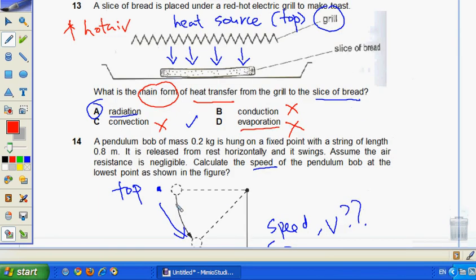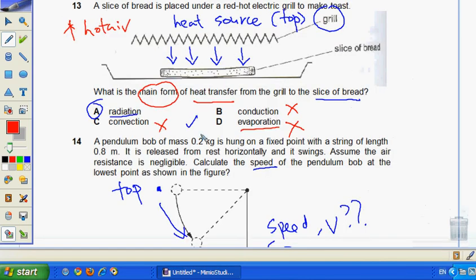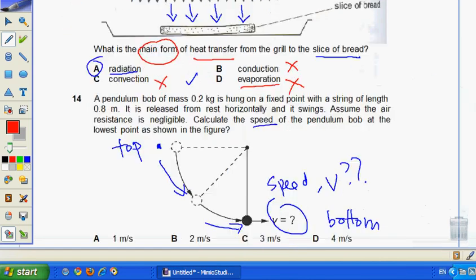where g on earth is always 10. g is gravitational field strength. And the height that it has moved, you recall, is 0.8 meters. This is the length of my string, so this is my height.